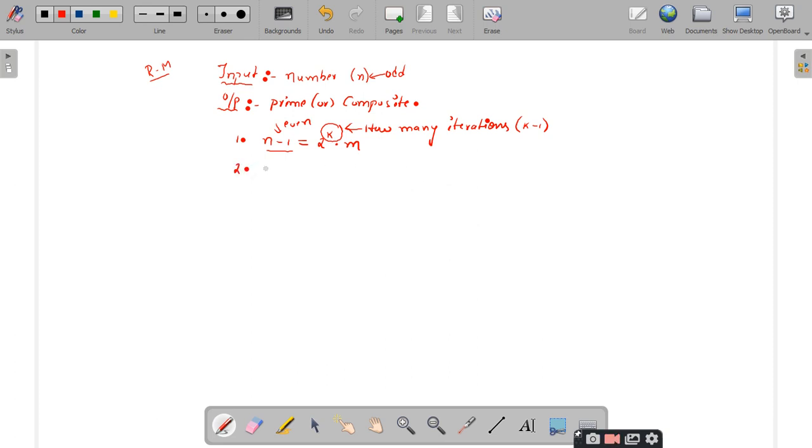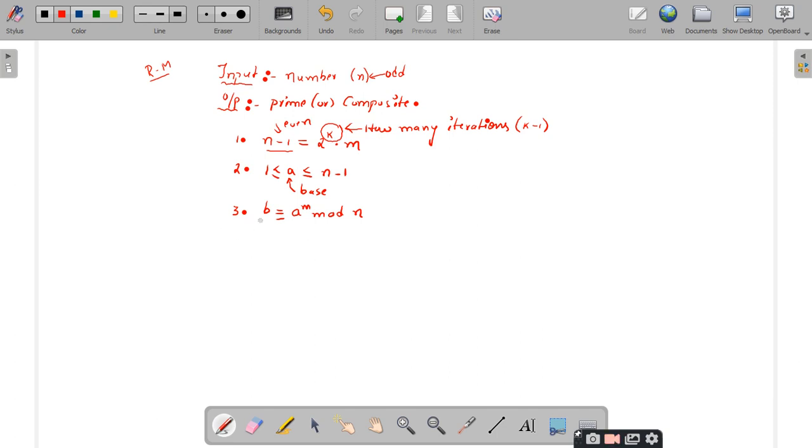Similarly, the second step is we have to choose a random value A between 1 and n minus 1. This A we call the base. And then coming to the third step, we have to calculate a number B such that B is congruent to A power m mod n.